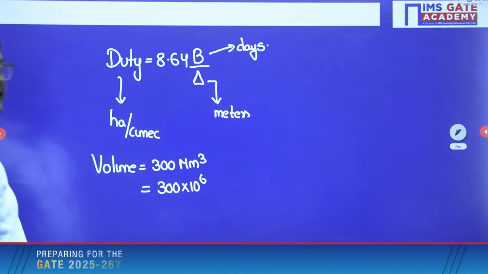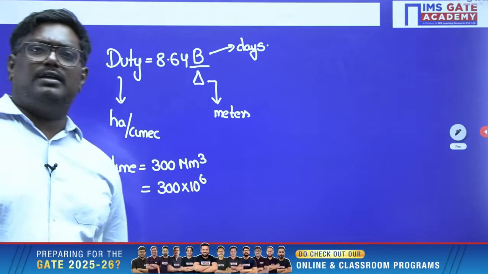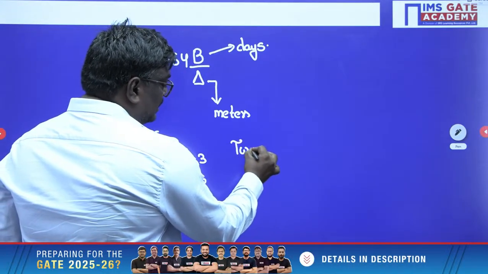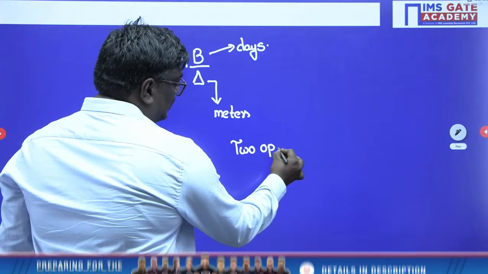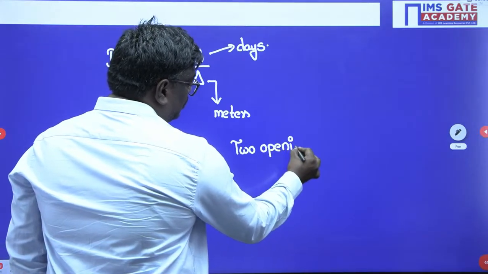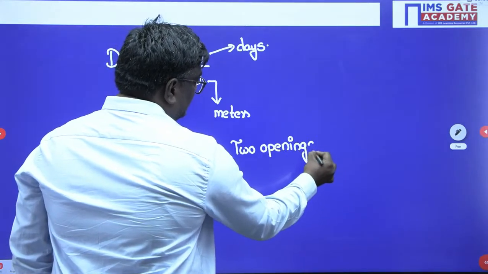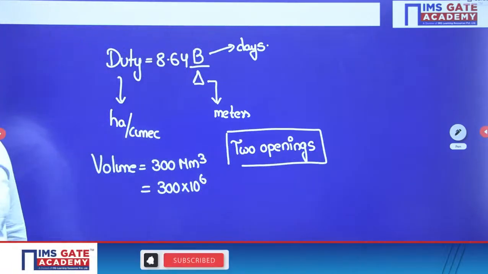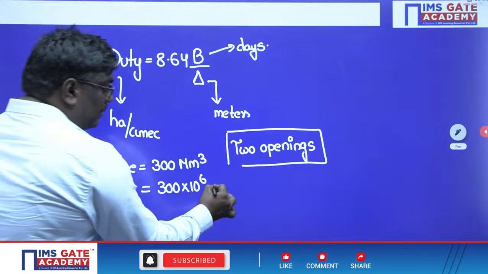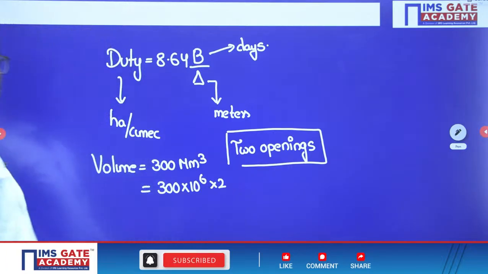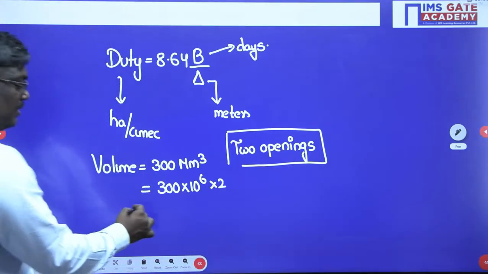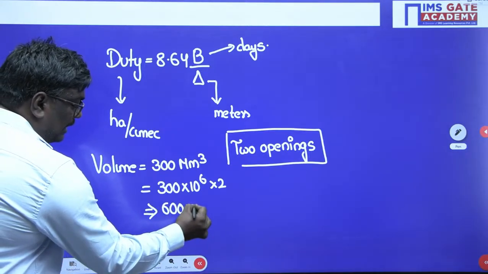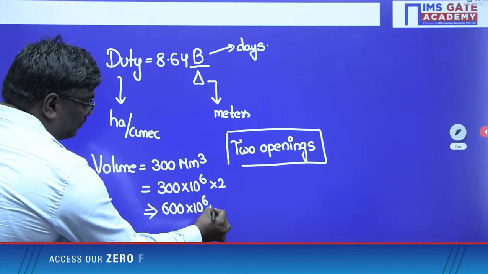But let me tell you, in the problem they have given 2 fillings, and this has a lot of significance. As it is having 2 fillings, we are multiplying with 2. So this will be equal to 600 into 10 power 6 meter cube.